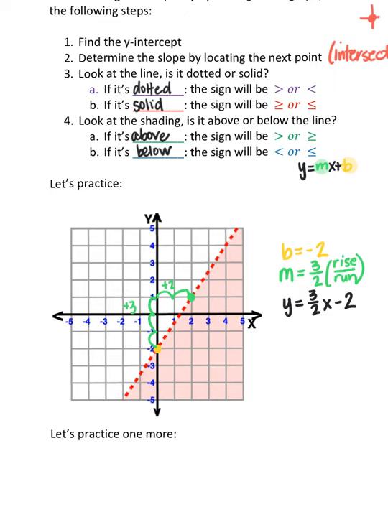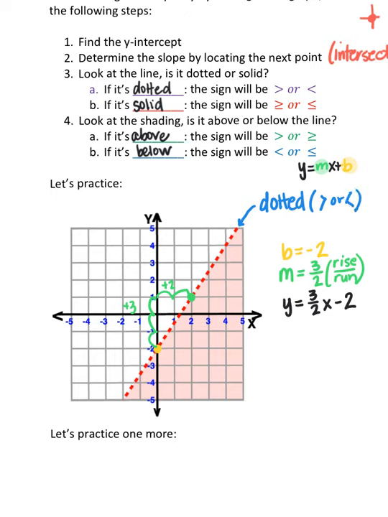So now my directions tell me to look at the line. Is it dotted or solid? Looking at the line right here, I can see that my line is dotted, which means it's not going to have an equal to part in it. It's just going to be either greater than or less than.